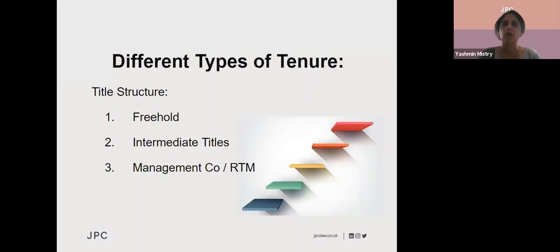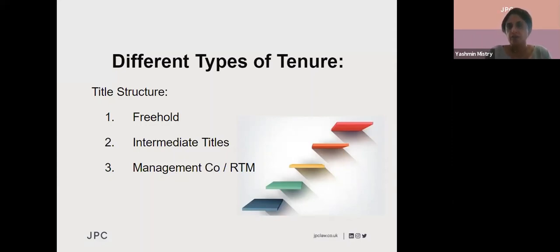In terms of the different types of tenures, apart from the way in which land is held, leasehold becomes slightly more complicated in that there are other structures that go both vertically and horizontally, which you need to be aware of. So title structure: when you're approaching a question, or you're thrown something from one of your blocks, or you come across something in practice as property managers, the first thing to understand is who is your client and what their responsibilities are under the leases.